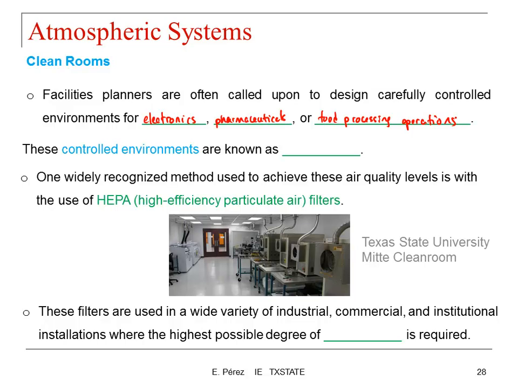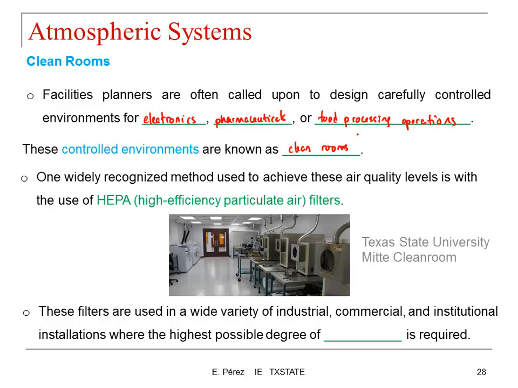These controlled environments are known as clean rooms. These clean rooms are very expensive, so the fact that we have one in our university makes us different. There are not a lot of universities that have this type of facility. If you work for a pharmaceutical company such as Johnson & Johnson, you'll see these clean rooms in most of the facilities.